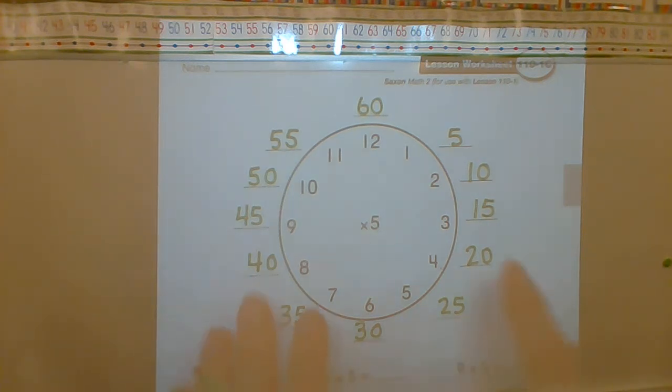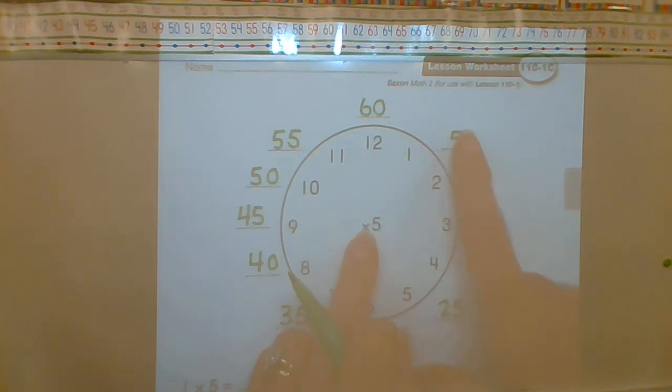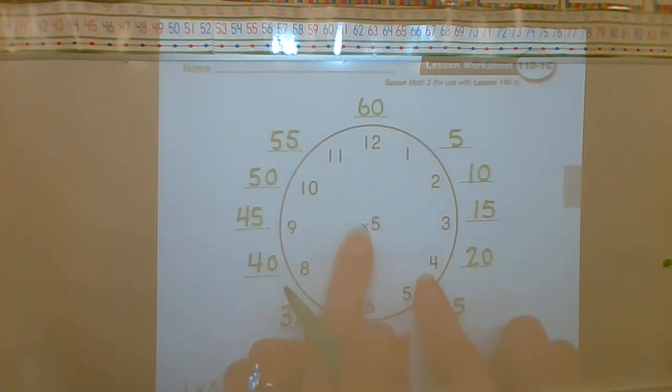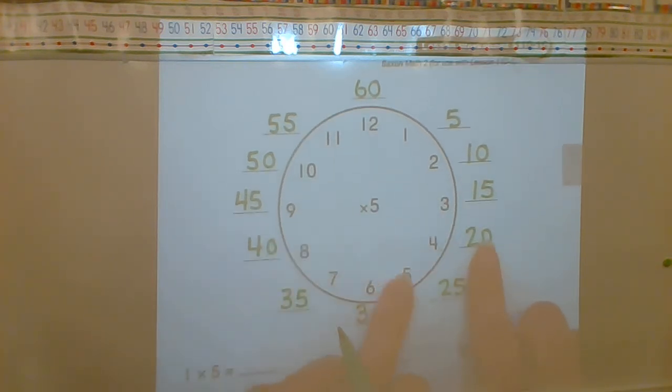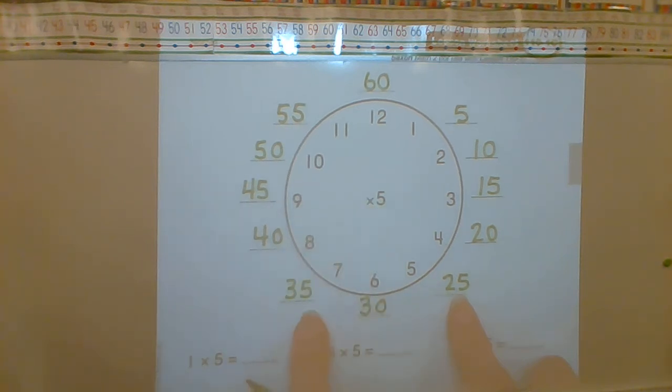All right, because you can say to yourself, what's 1 times 5? 5. What's 2 times 5? 10. What's 3 times 5? 15. What's 4 times 5? 20. What's 5 times 5? 25. What's 6 times 5? 30. What's 7 times 5? 35.